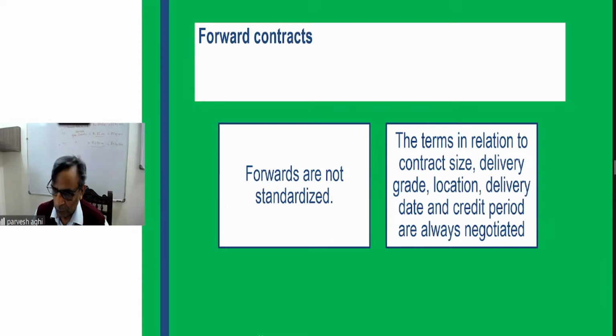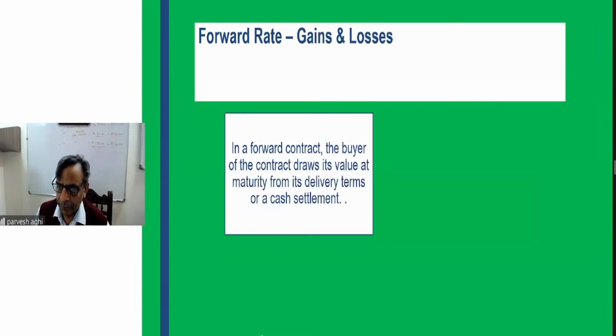Location: in a forward contract, you can say, I need this steel of so-and-so grade delivered to me at, say, Delhi. So location also you can always specify, particularly in commodity markets. Delivery date and credit period are all negotiable. So forward contracts are very customized. They can be tailor-made for your needs, whereas futures contracts are standardized.